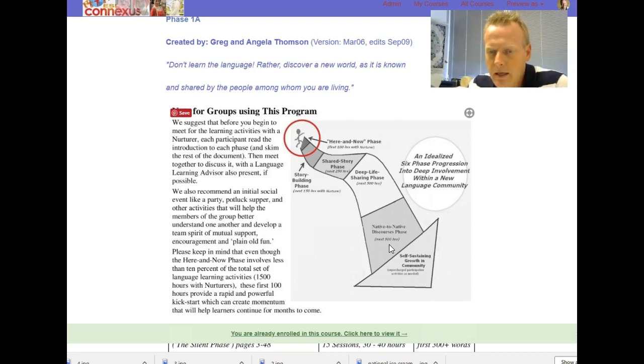And I've got to tell you, it's critical if you're going to use this program that you find one or two nurturers, people in the host community who speak the language, that will spend concentrated time with you each week doing these lessons. Also, I think it's important to note that the growing participator approach focuses heavily on relationship, which I love.